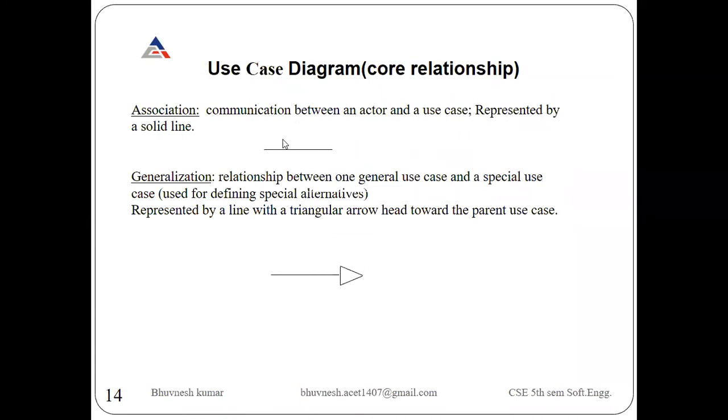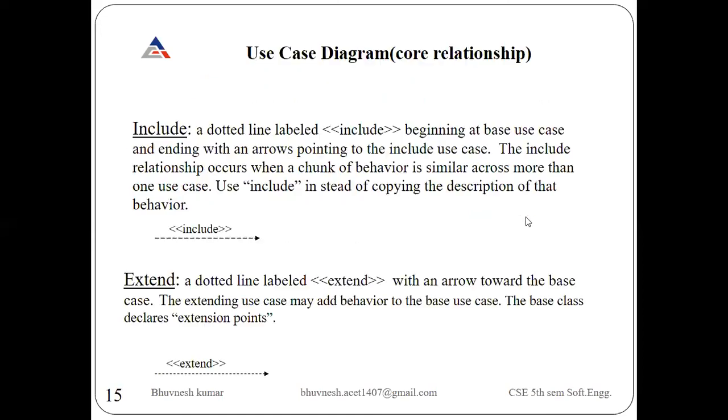Generalization is the relationship between a general use case and a special use case, a parent and child, represented by a line with a triangular arrowhead toward the parent use case.